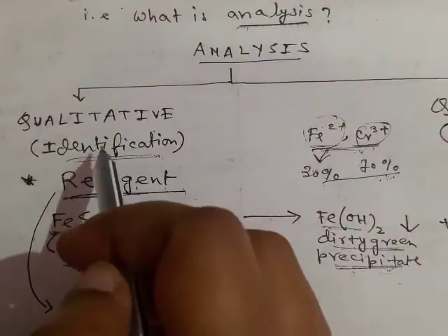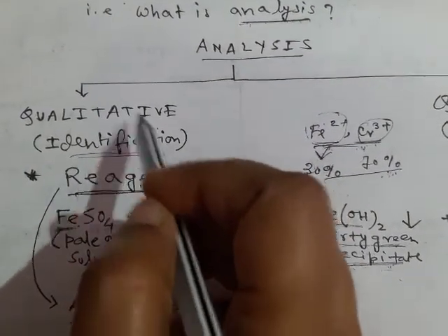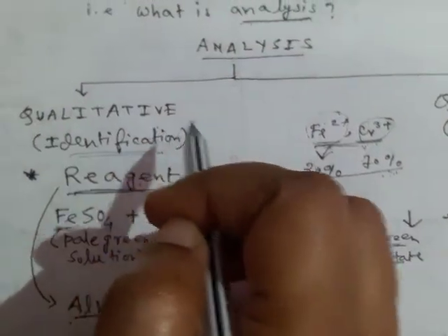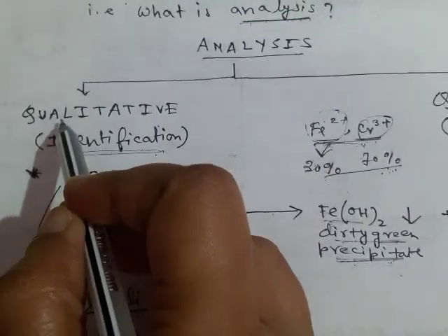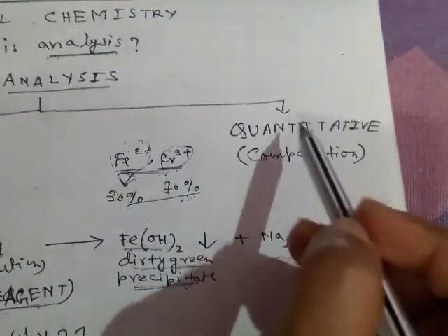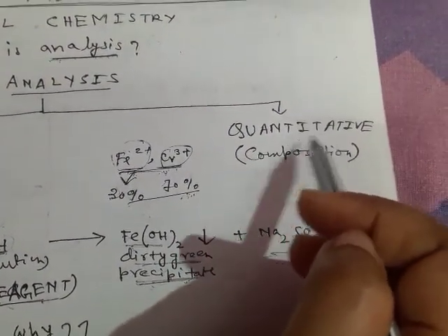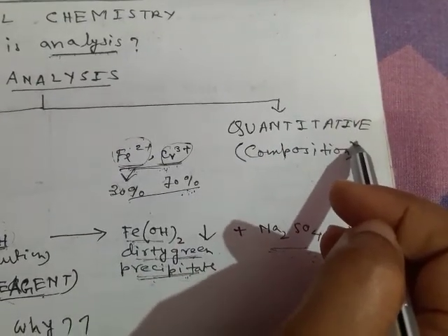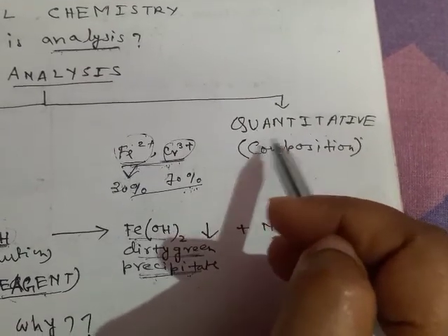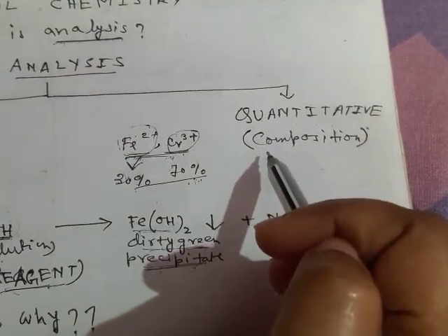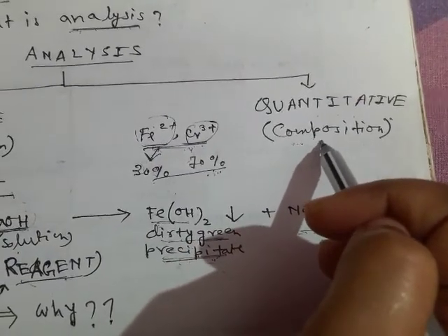When a particular sample solution is given, you have to identify the chemical components or the ions present in that solution, that is qualitative. And quantitative analysis deals with quantity of different chemical components. Quantity means how much amount of different chemical components are present in that sample, that is composition of the given sample.